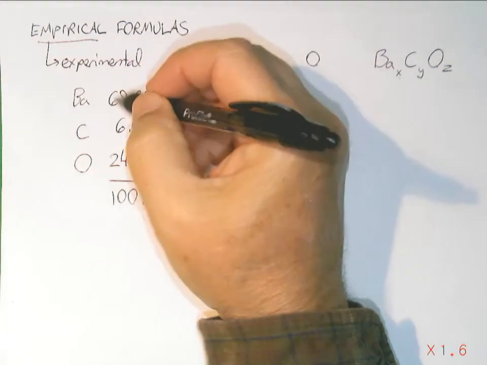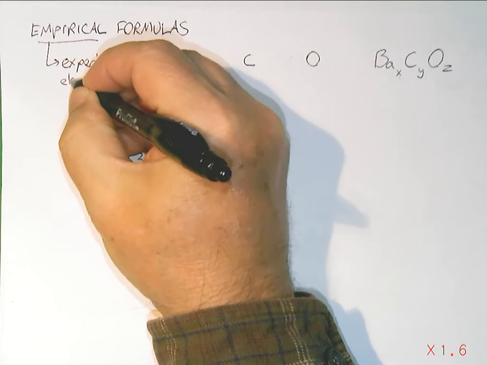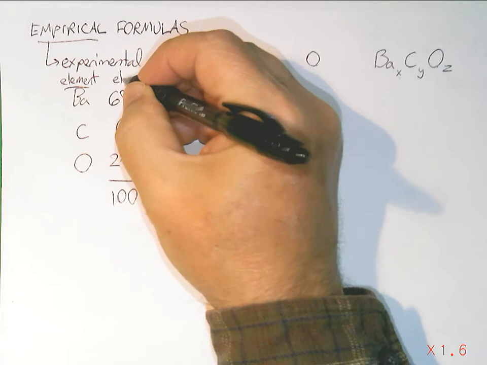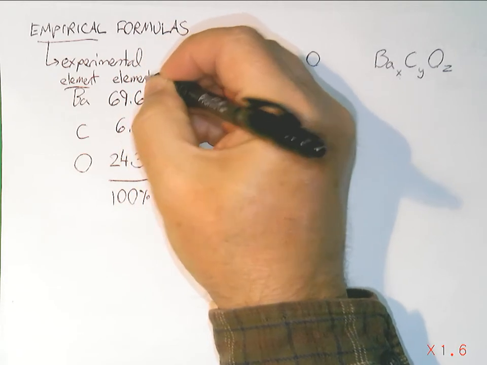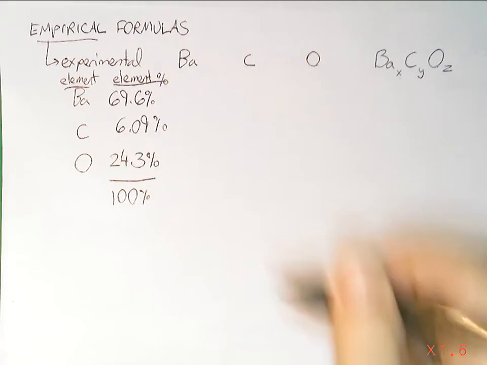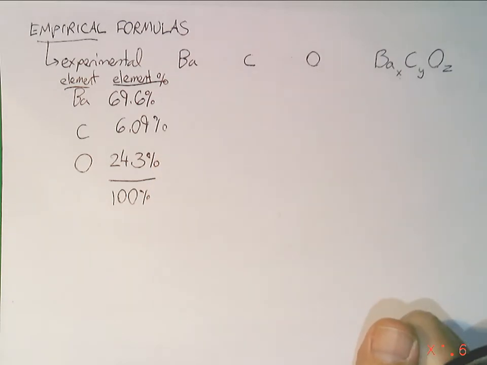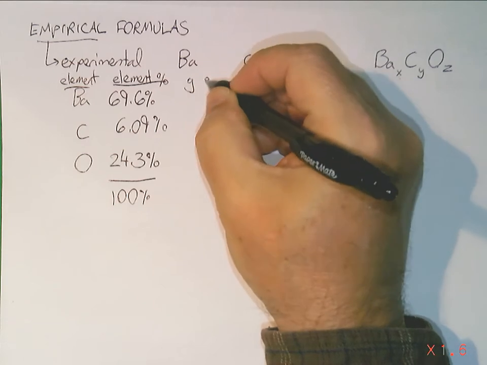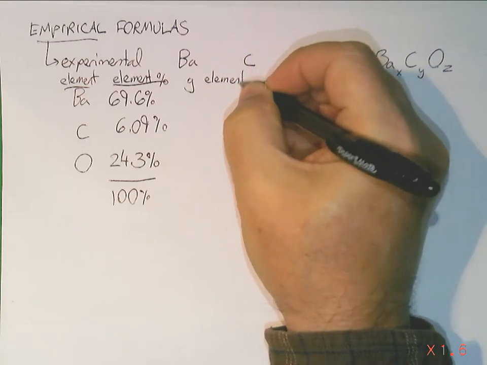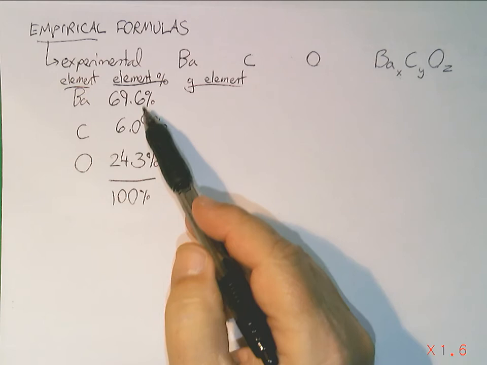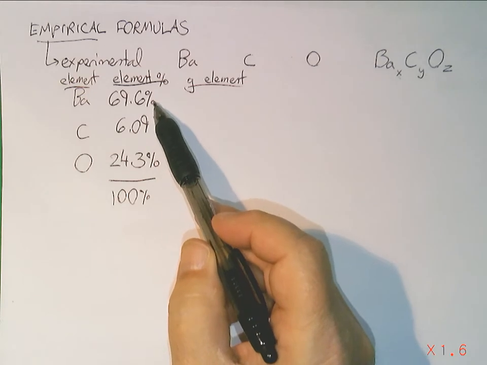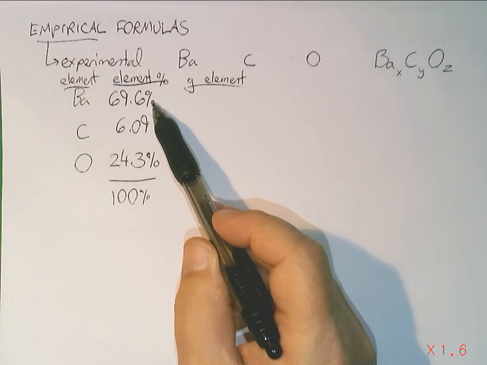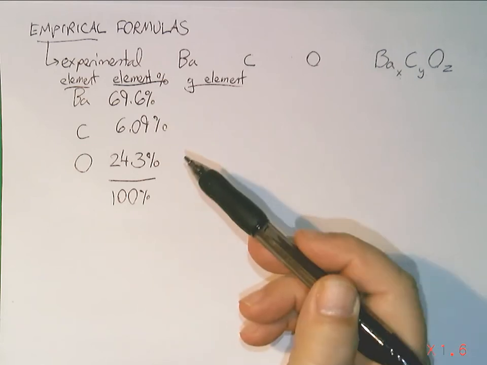So I'm going to make a table here. This is the element in my first column. This is the element percent, which is given in the problem. Now I'm going to treat that element percent as though it is a mass of element. Really what that is, when I say 69.6% barium, that means I have 69.6 grams of barium per 100 grams of compound.